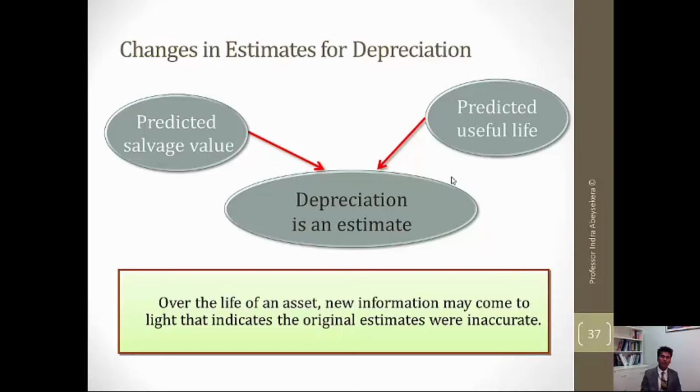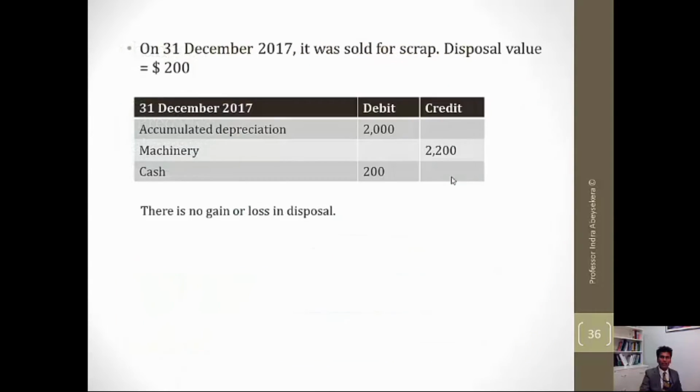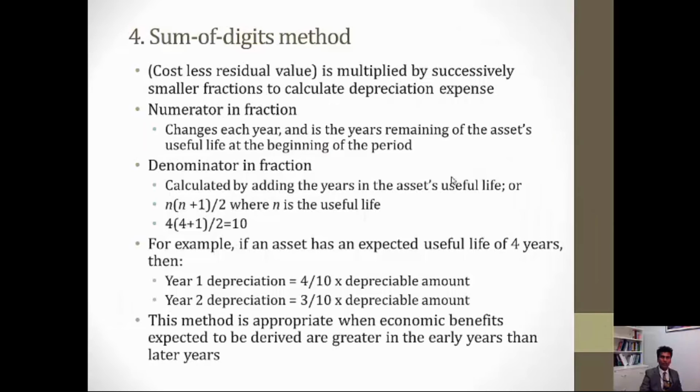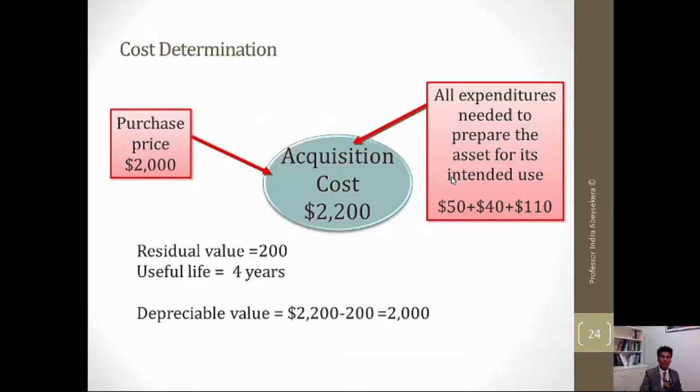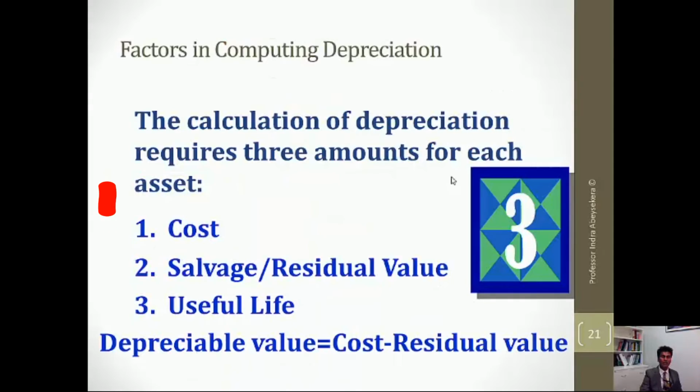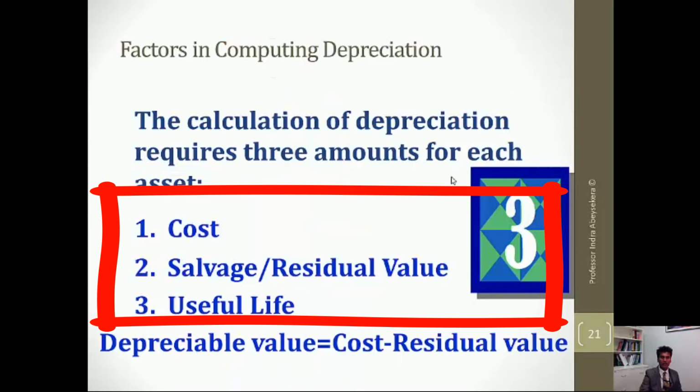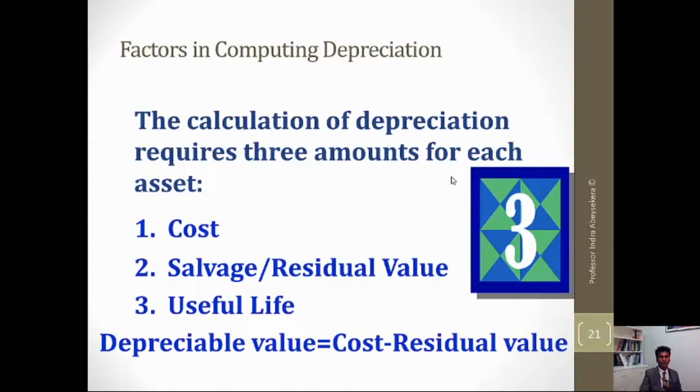Sometimes, as we keep depreciating the asset, things might change. We said there are 3 things that we need to take into account when we talk about depreciation: cost, salvage value, and useful life.